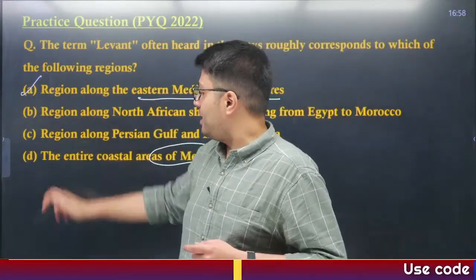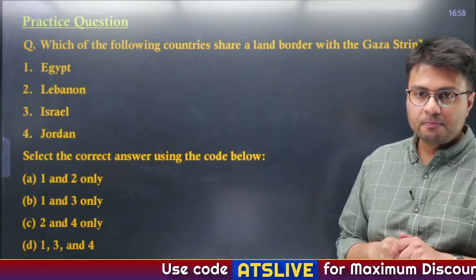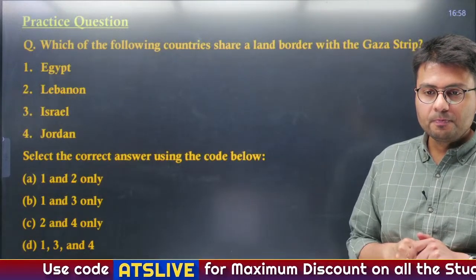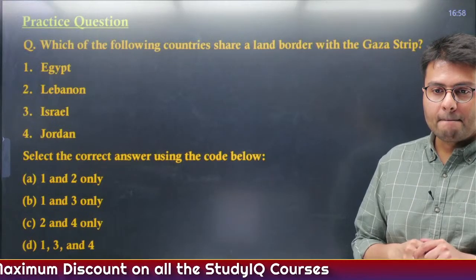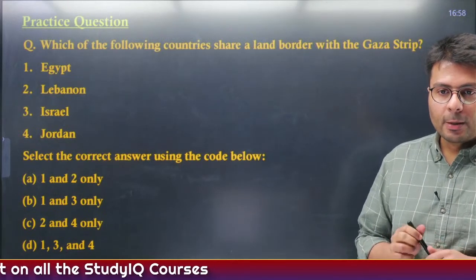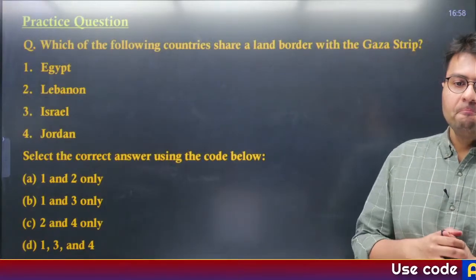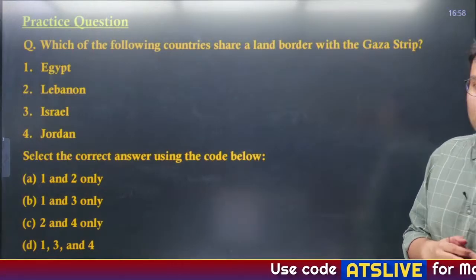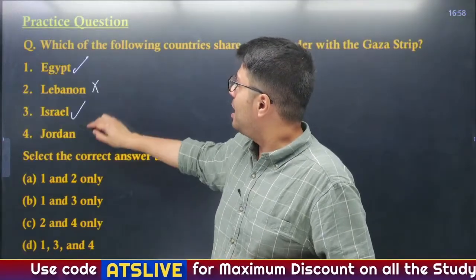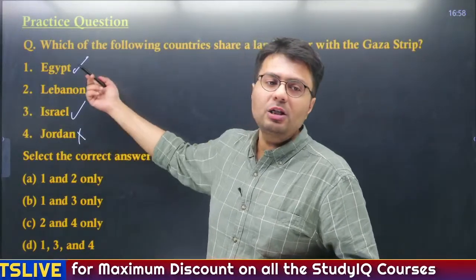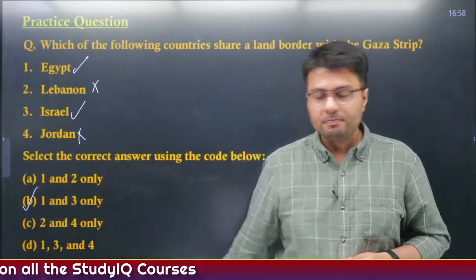So option A is the right answer. Now let's see if you are able to solve this question. Yes, Tara, option D. I guess you were talking about the last question. Now the countries which share border with Gaza are Egypt and Israel. Lebanon and Jordan don't, right? They share borders with West Bank, not with Gaza. So option B is the right answer, okay?